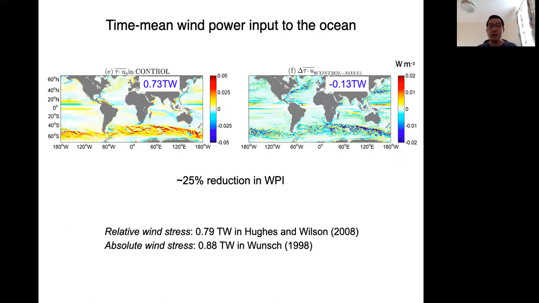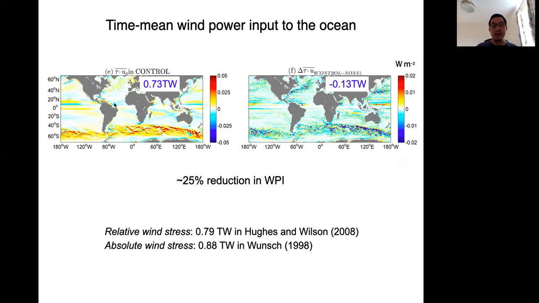Okay, and if we now have a look at the wind power input to the ocean, which is a quantity that is often looked at in relative wind stress studies. This figure shows tau dot u_g, sorry, that's the wind energy input to the surface geostrophic current in the control experiment.